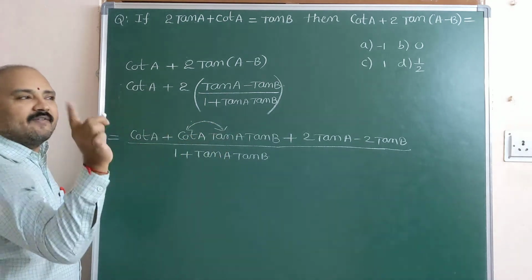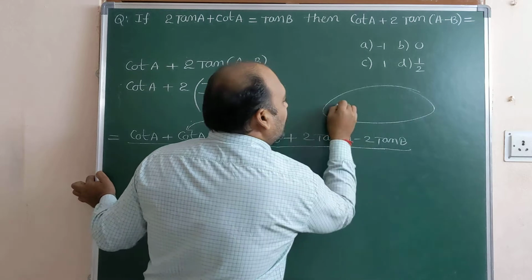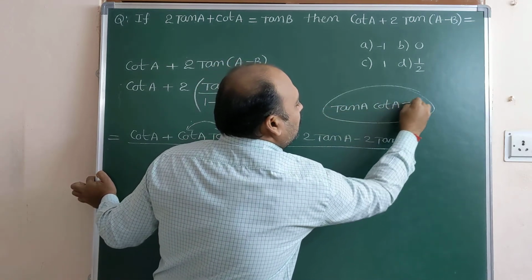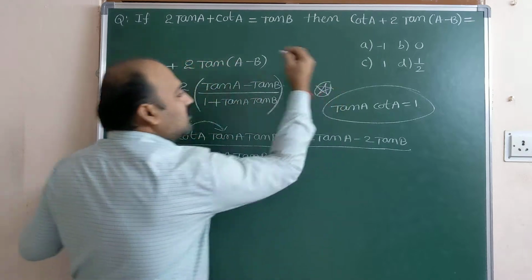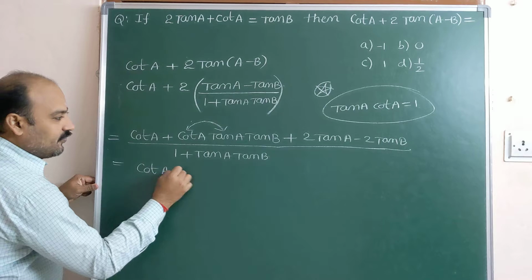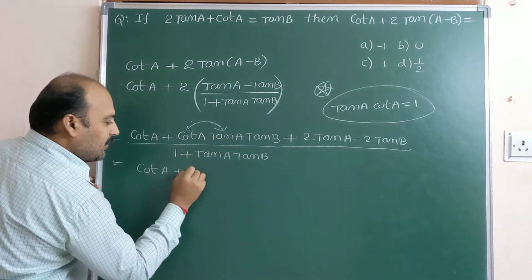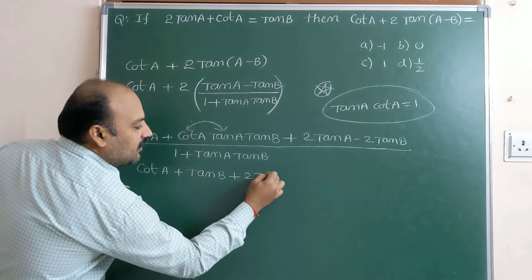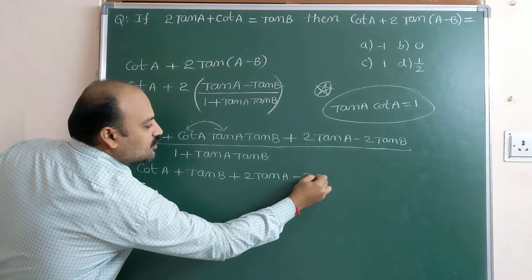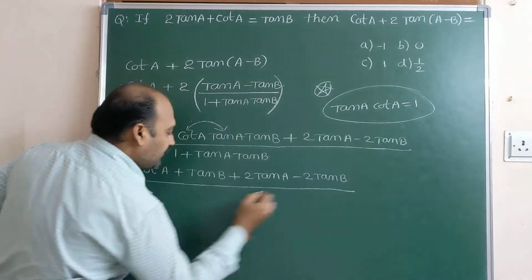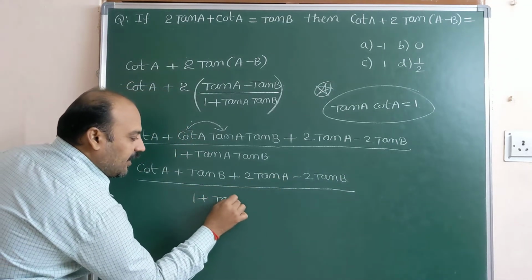Tan A into cot A is equal to 1. So this value goes to be 1. So cot A plus this value is 1 into tan B plus 2 tan A minus 2 tan B, divided by 1 plus tan A tan B.